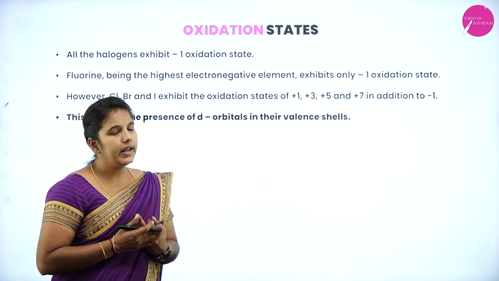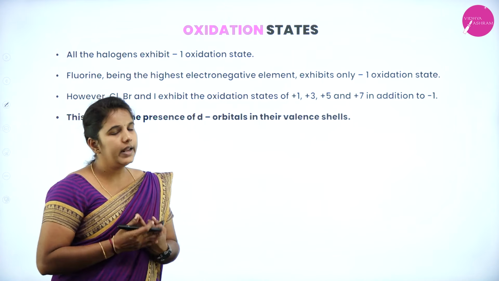Fluorine, being the most electronegative element of this series, shows only the -1 oxidation state. The rest of the elements of this group show oxidation states from +1 to +7. However, chlorine, bromine and iodine exhibit the oxidation states of +1, +3, +5 and +7. How they exhibit +1, +3, +5 and +7 oxidation states, I'll explain in the next slide. Due to the presence of d orbitals in their valence shell, these elements, which are those?